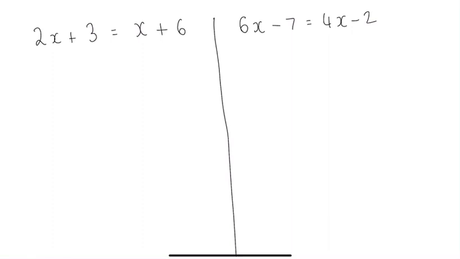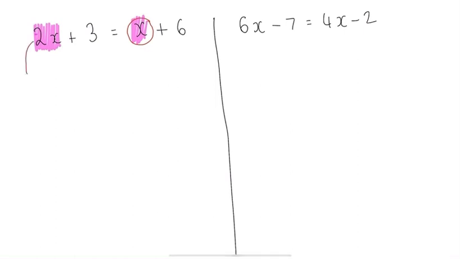The first step is to highlight both of the unknowns. Once you've done that, you can identify the smallest value. Out of 2x and x, my x is the smallest.